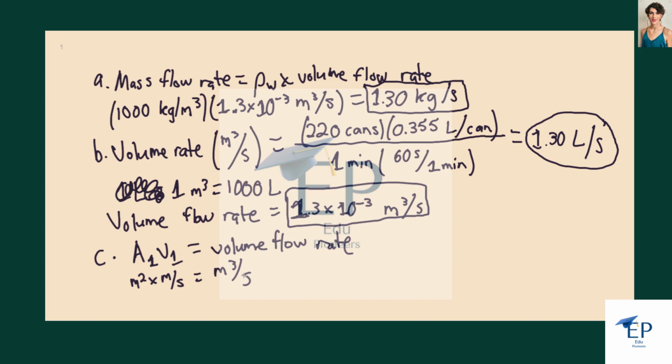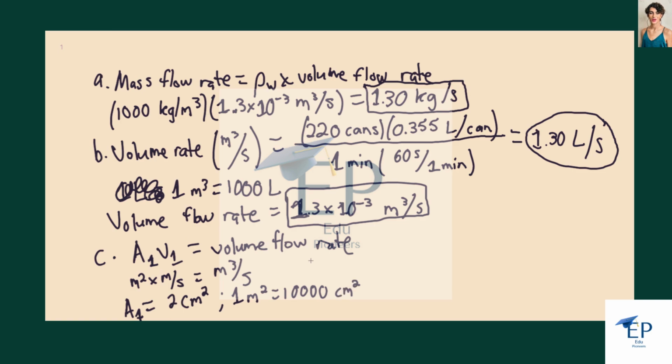At this point, we can say that the cross-sectional area, A1, is going to be 2 centimeters squared. Now, for every 1 meter squared, there are 10,000 centimeters squared.